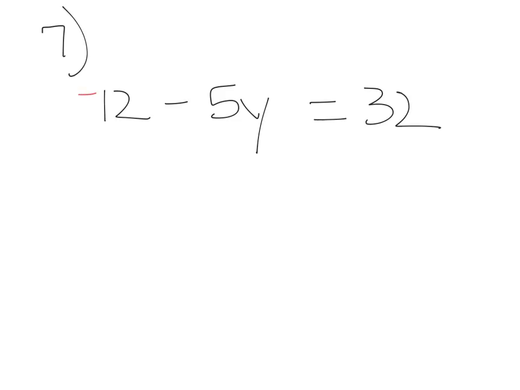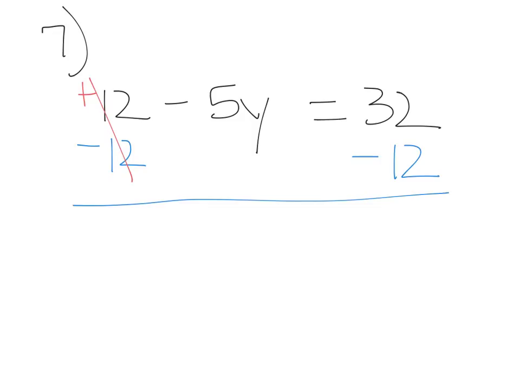Problem 7. 12 minus 5y equals 32. Okay, first of all, you have to know that this is a positive 12. So to get rid of it, I'm going to minus 12 from both sides. On the left side, plus 12 minus 12 cancel out.